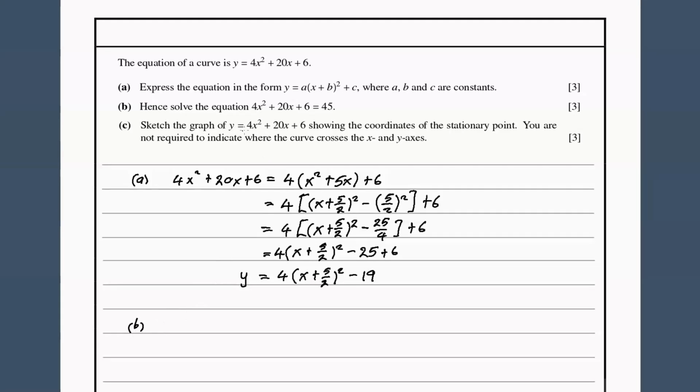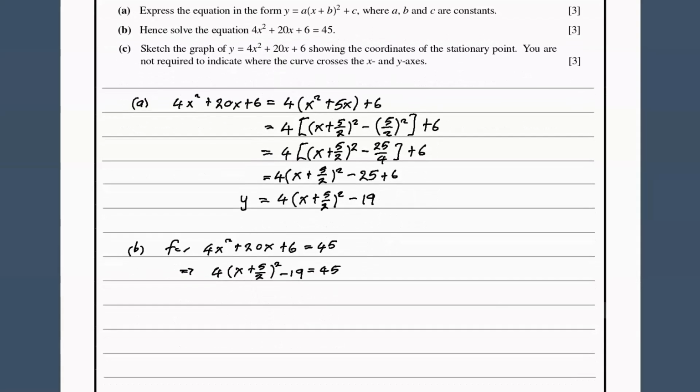Now, on part B, they say, hence solve the equation, this is equal to 45. All right, so we're saying 4x squared plus 20x plus 6 being equal to 45. It's as good as 4 of x plus 5 over 2 squared, and it's minus 19 being equal to 45.